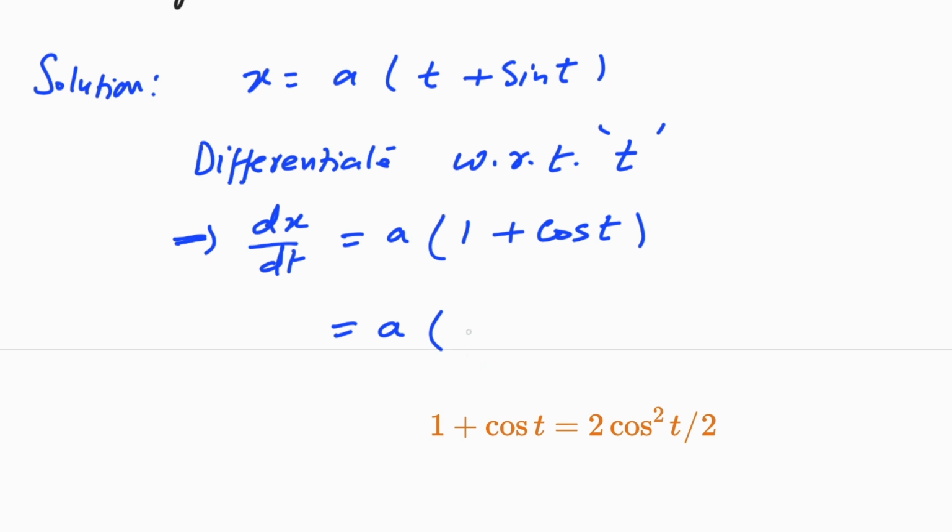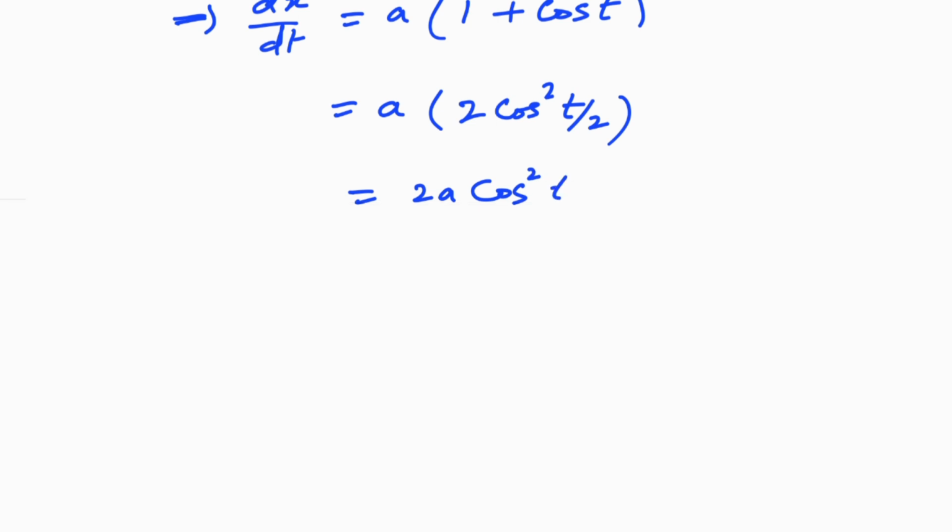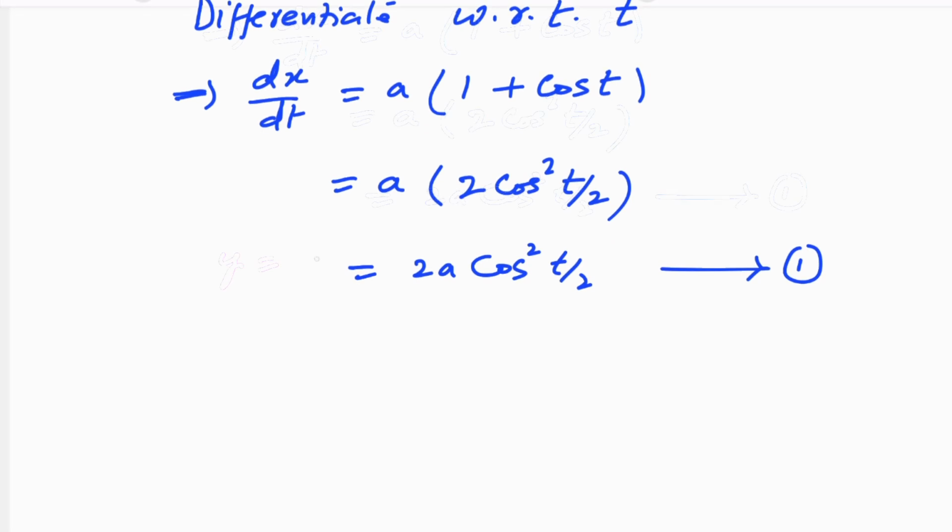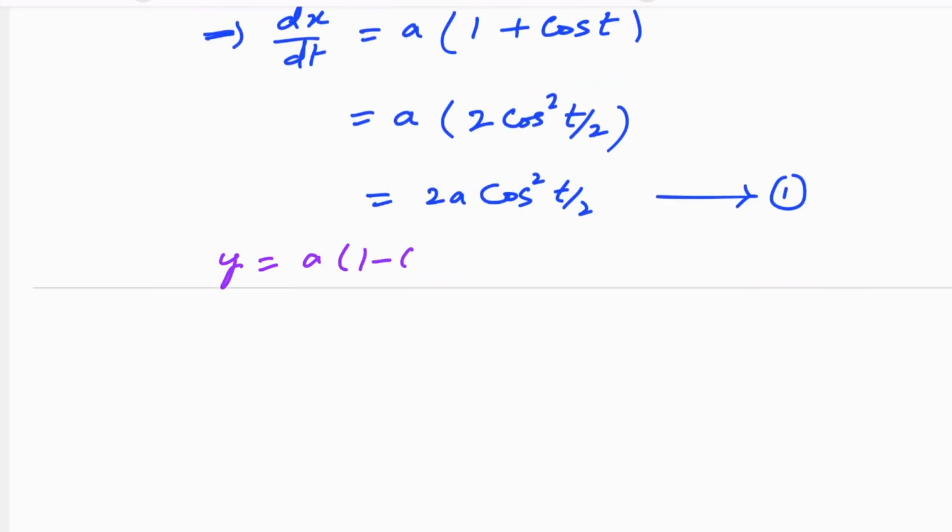Now 1 plus cos t can be written as 2 cos square t/2. The final answer we got is 2a cos square t/2. This is the value of dx/dt. Let it be equation 1.